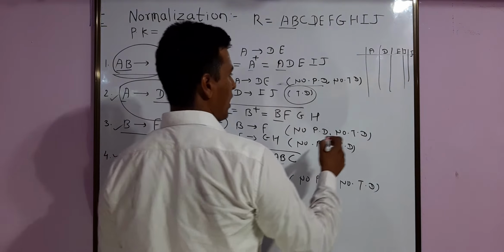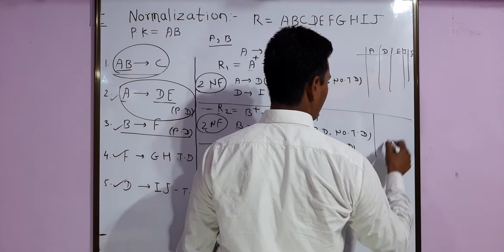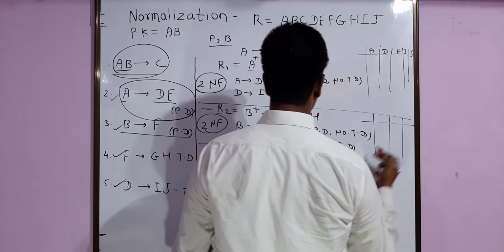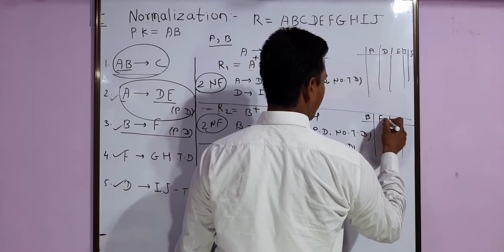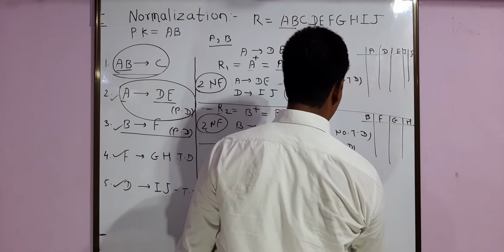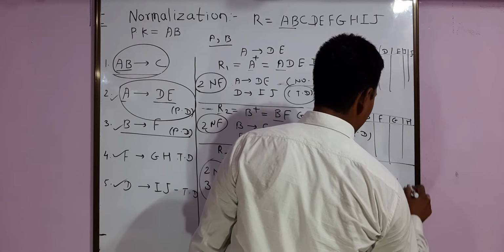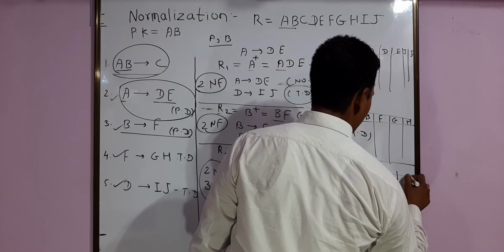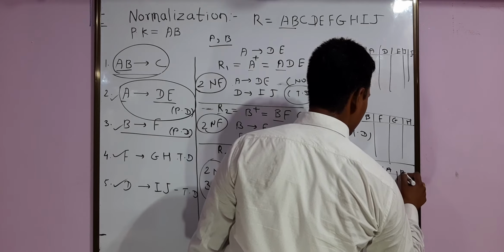What about R2? What are the attributes of R2? 4 attributes: B, F, G, and H. Which are the attributes of R3? So attributes of R3 are A, B, and C. Okay, so very simple but very important to understand: A, B, C.